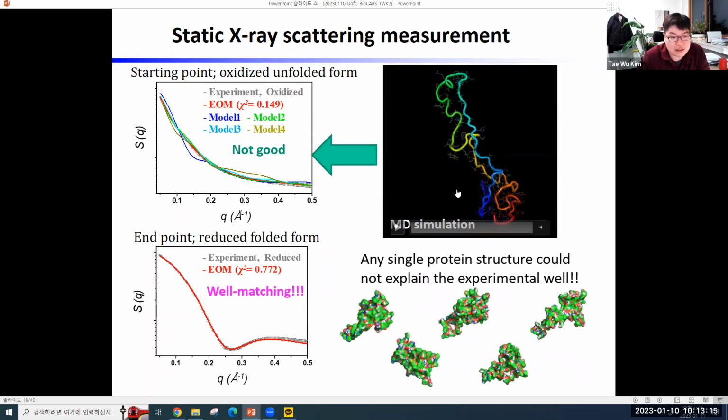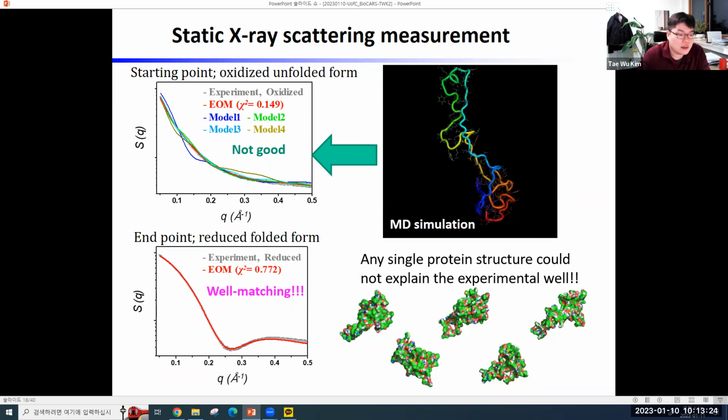By using the same analysis, we tried to reproduce the oxidized unfolded state structure, but we could not. I simply showed one of the trajectories for the unfolded conformation of cytochrome C. Based on various types of unfolded conformations, we calculated various theoretical scattering patterns, but no single protein structure can explain the experimental pattern.